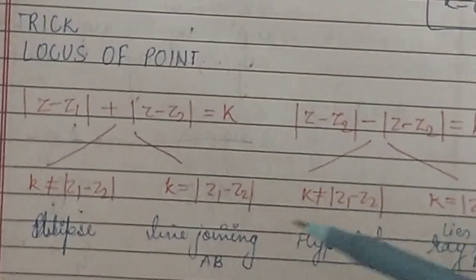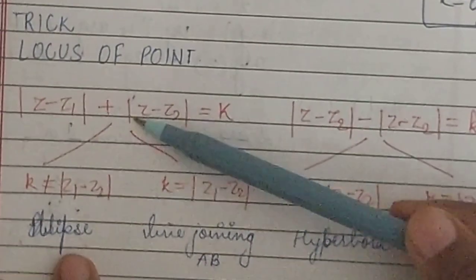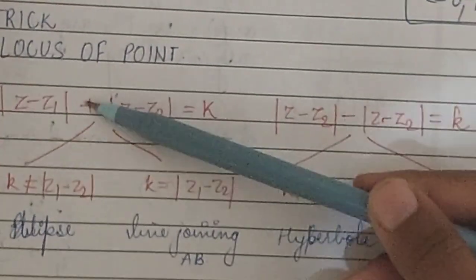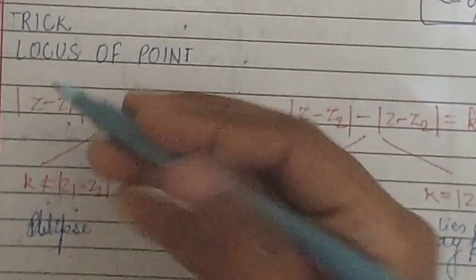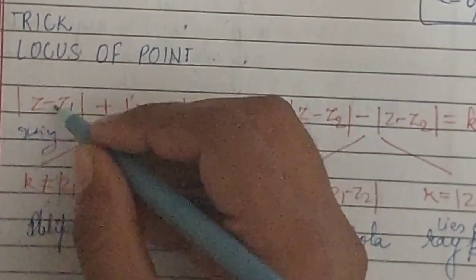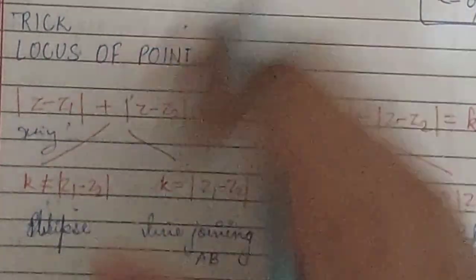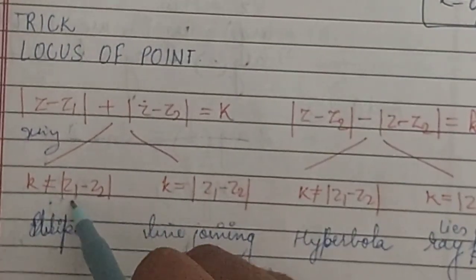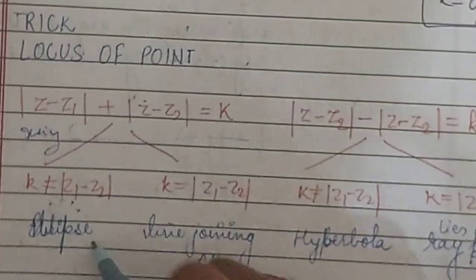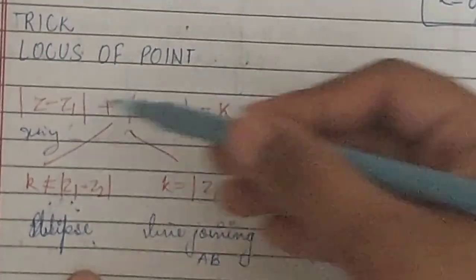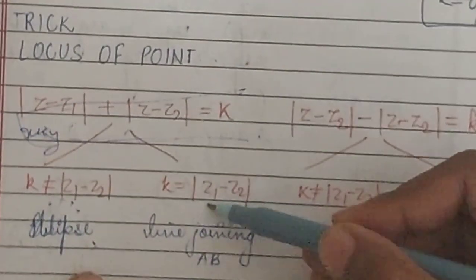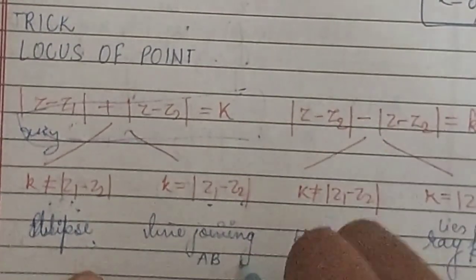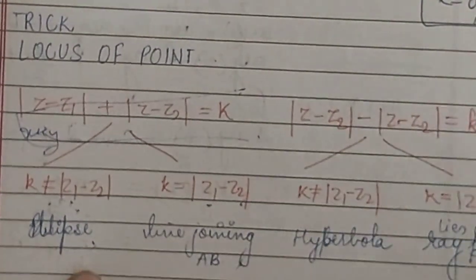I'm not saying it will be directly this way, you may be given the complex number like x plus iy. So you just have to use your mind, and this is just the general formula I'm telling you. If k is not equal to z1 minus z2, then it will be an ellipse. And if in this equation k is equal to z1 minus z2, then it will be the line joining a and b, that is a straight line.